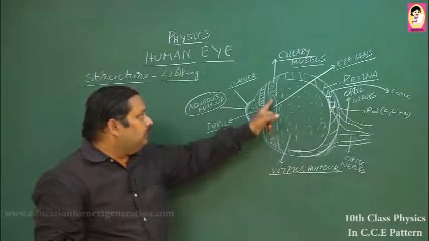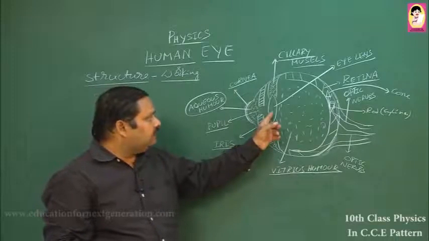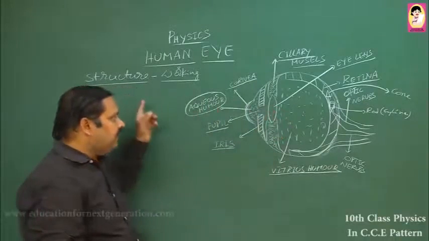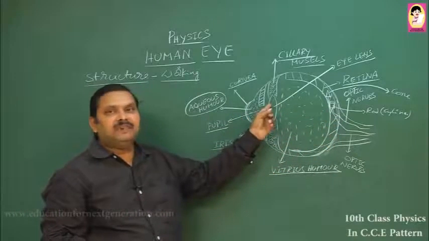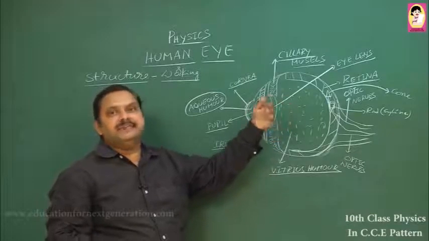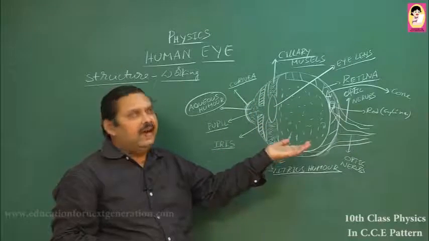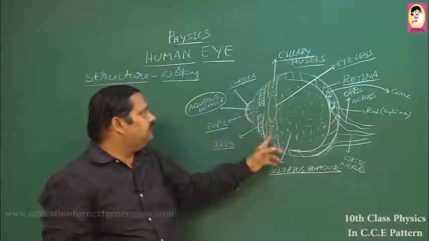So, if the eye lens had a fixed focal length, it could not focus images of different objects exactly on the retina. So the eye lens must be flexible, and there should be an arrangement to increase and decrease its focal length, and that activity is done by the ciliary muscles.